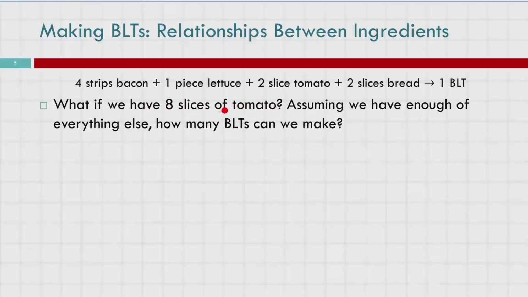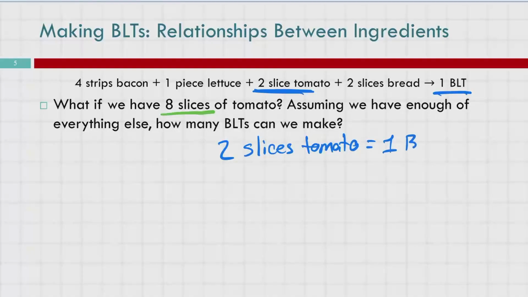So what if we have 8 slices of tomato? Assuming we have enough of everything else because of our unlimited bread, how many BLTs can we make? Well, it's 2 slices of tomato to 1 BLT. Those are the 2 things we care about. 2 slices tomato equals 1 BLT. Obviously, there are some steps.